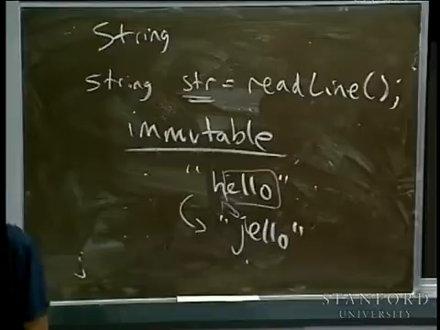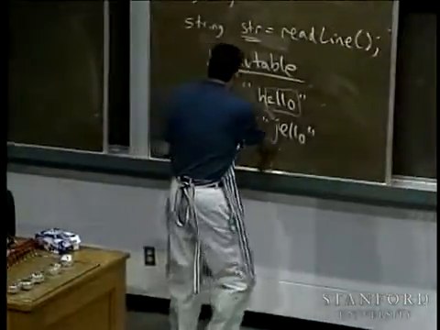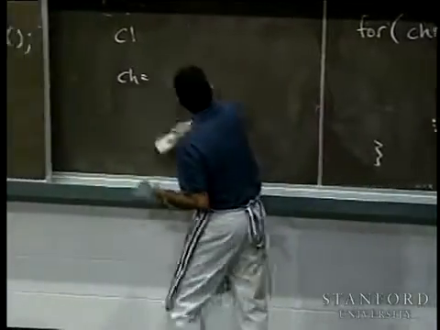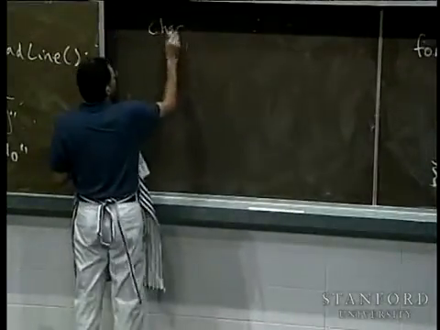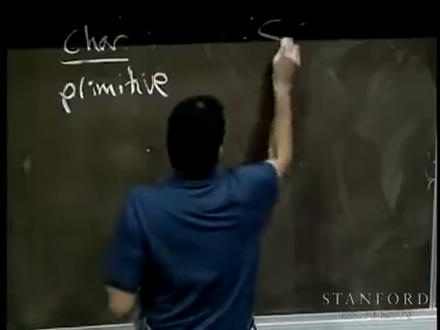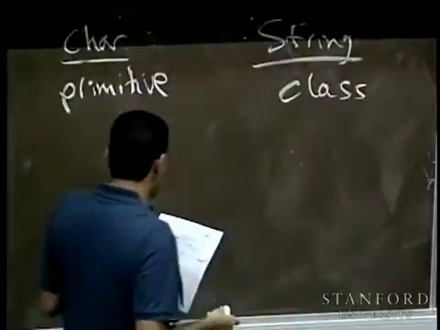Okay? So I'll show you some examples of methods for strings in just a second, but I want to contrast between strings and characters just real briefly before we sort of jettison our friend, the character, and deal all with strings. Okay, so char, as we talked about, is a primitive type. It's not a class. Versus string is a class, so we have objects of the string type.